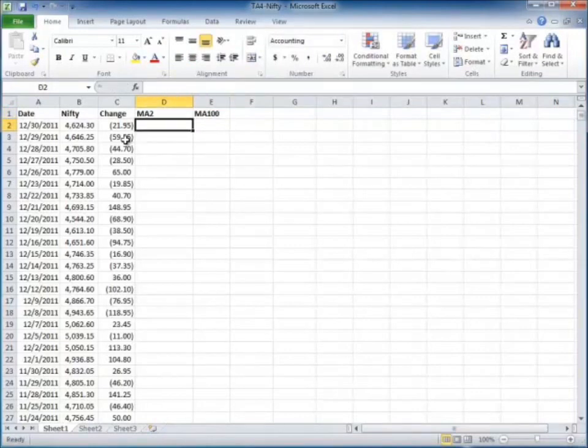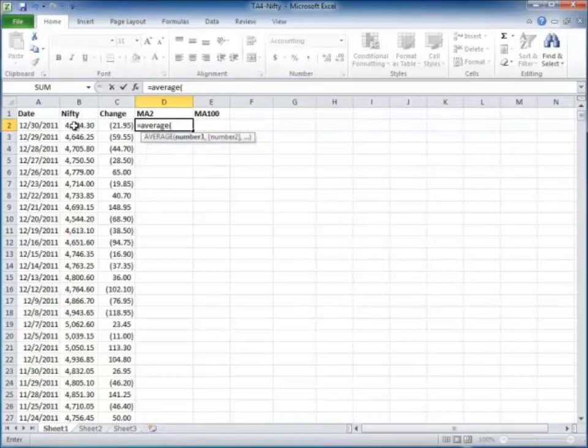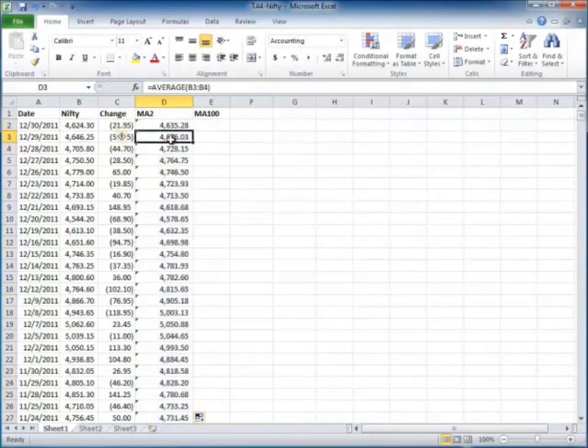So the 2-day moving average will be equal to the average of the price over the last 2 days. Okay? Now if I copy this down, each of these will represent the average over the last 2 days. The 100-day moving average will represent the average over the last 100 days.